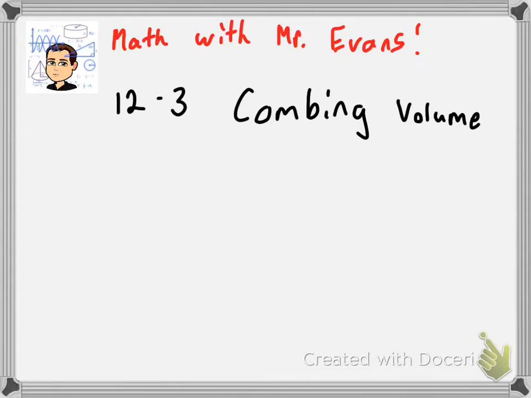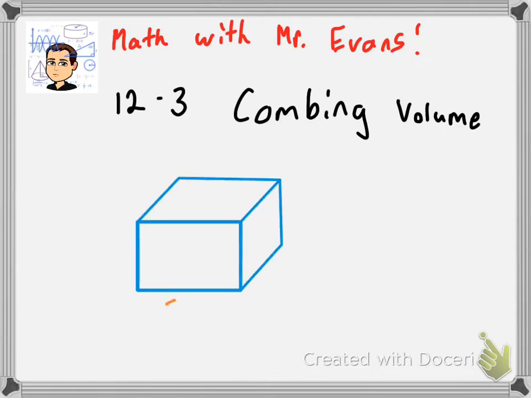This is lesson 12-3, which is combining volume. Let's quickly go over what you already know about volume. When you have a three-dimensional shape with a length, a width, and a height, volume is length times width times height, or it's also the base times the height, and to find the base is just length times width, right?